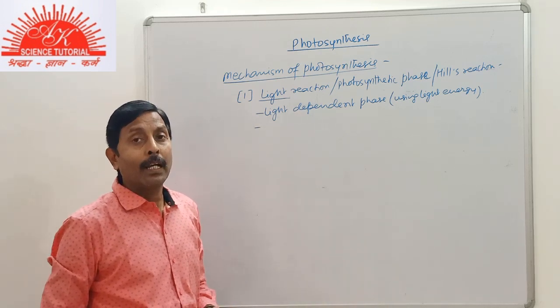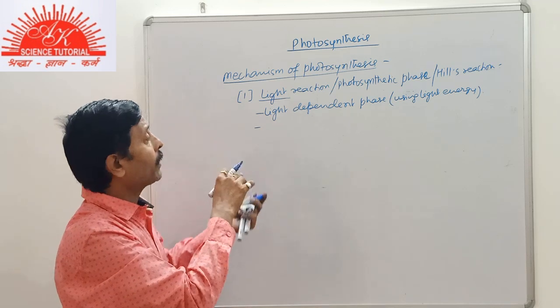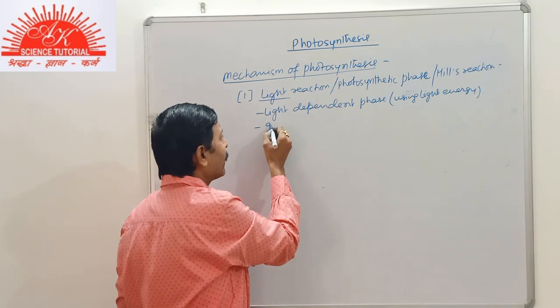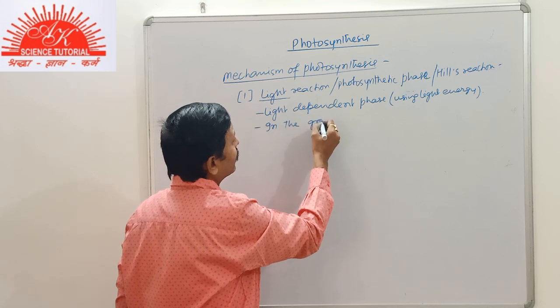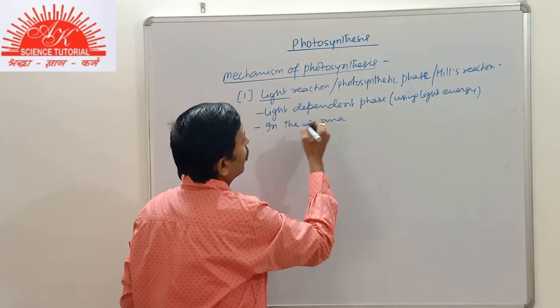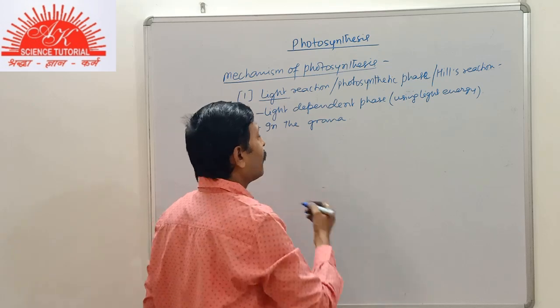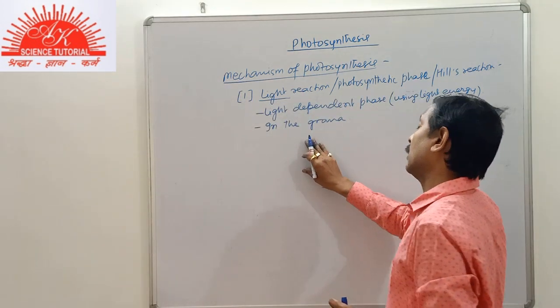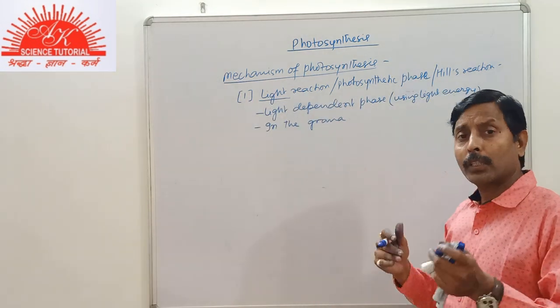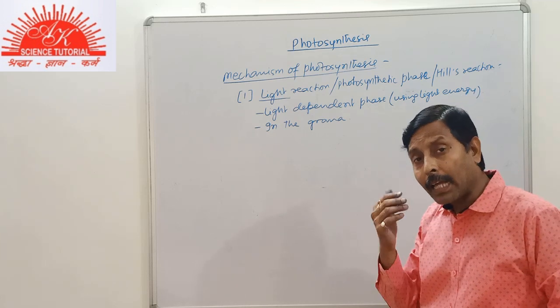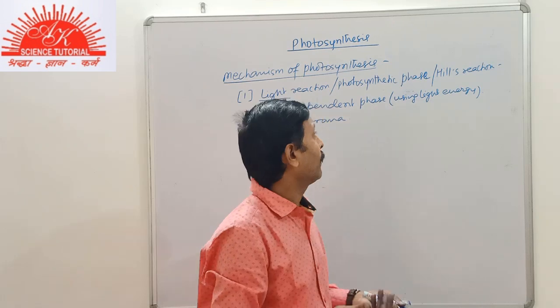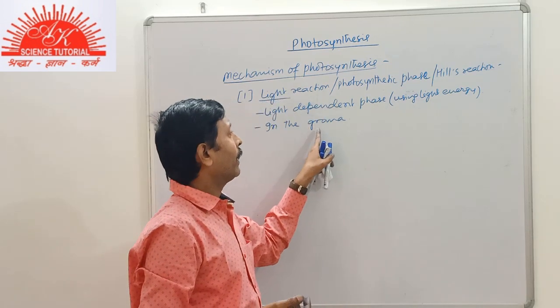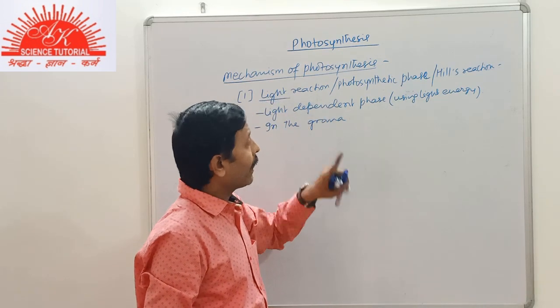Second, this reaction, as you have studied earlier, takes place in the grana. We have studied earlier also that if the question is asked what is the function of thylakoid or what is the function of grana, then both of them have the same answer, that is, it is the site of light reaction.